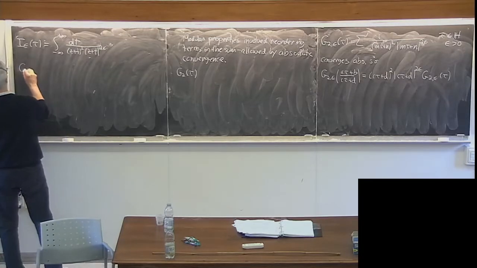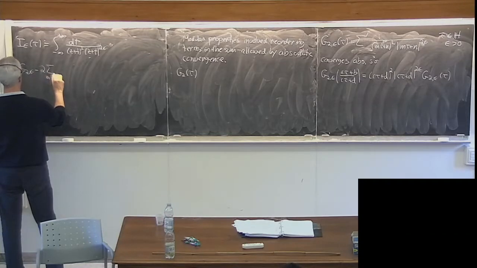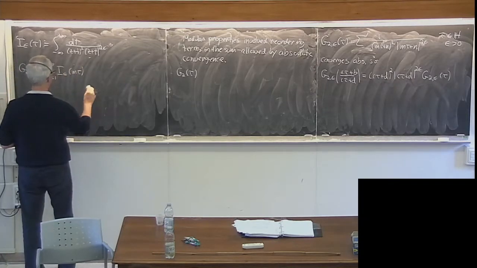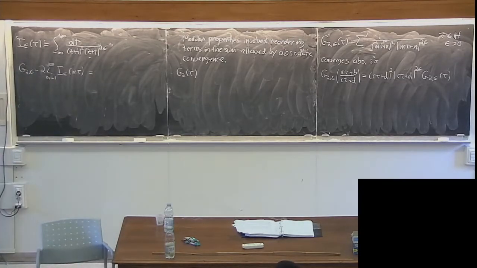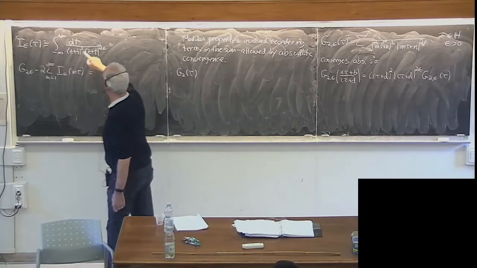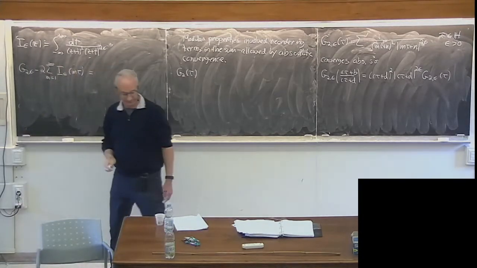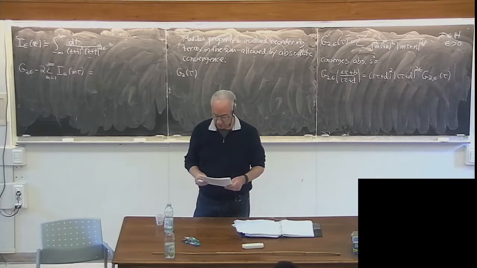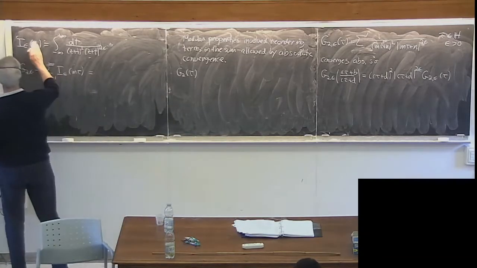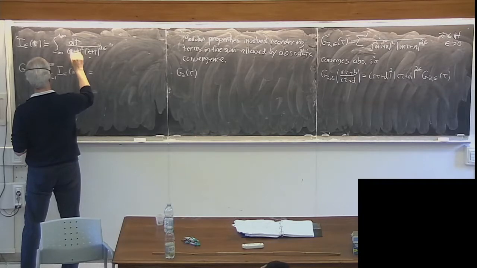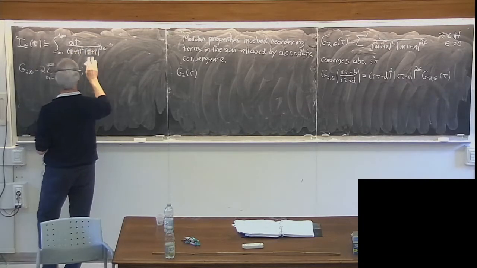And consider G_2 epsilon minus twice the sum from m equals 1 to infinity of I epsilon of m tau. Maybe I'll make everything a tau.